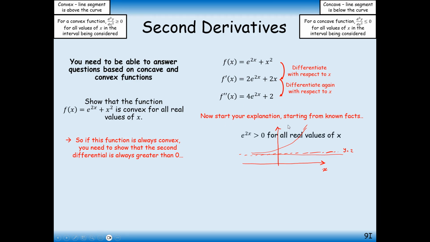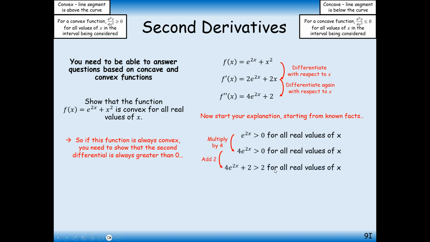If we draw it, the original graph is, well, I'm not going to draw that, but I'll show you briefly why it's always positive. e to the power 2x is always positive, and multiplying it by 4 will leave it as a positive number, and adding 2 will always leave it as a positive number.